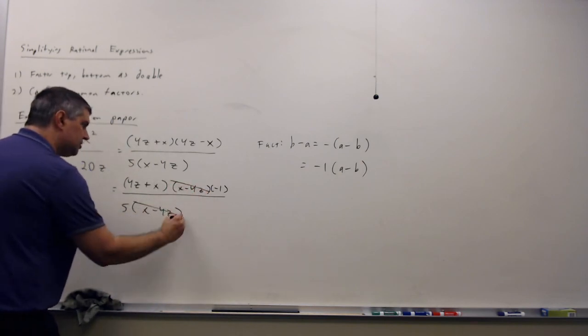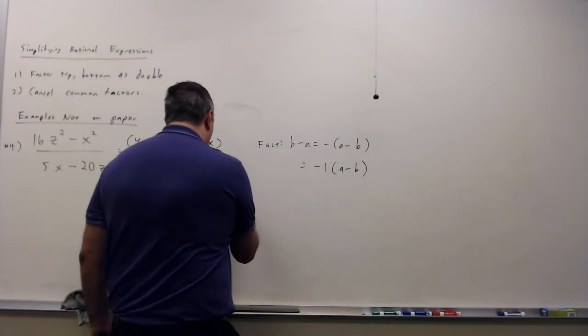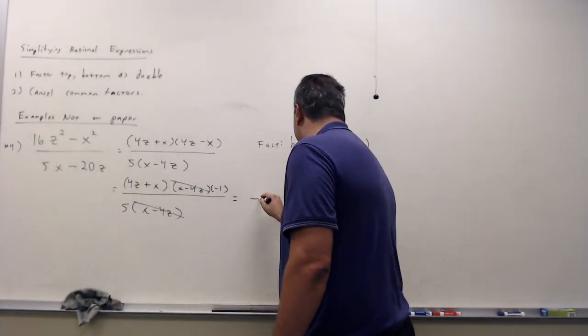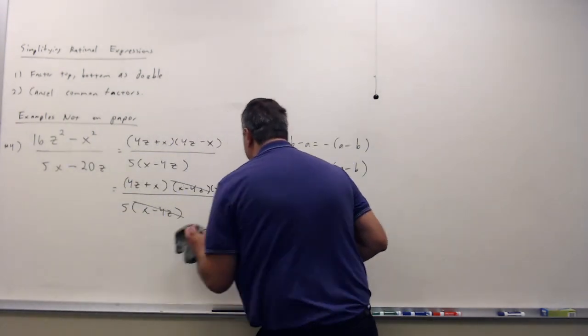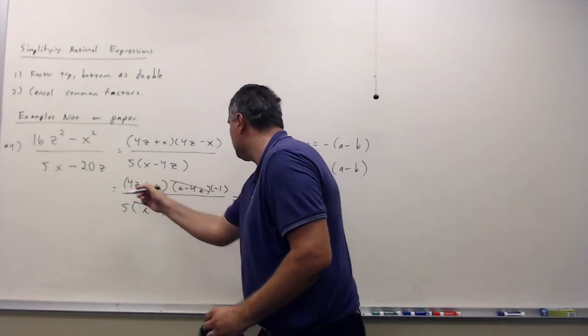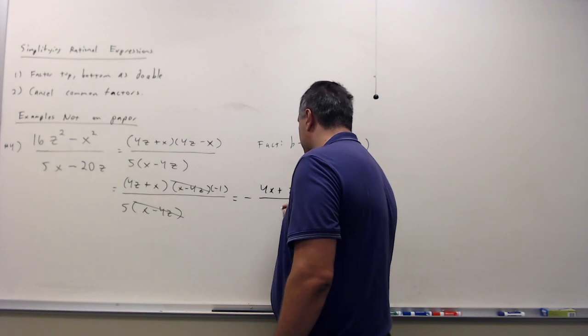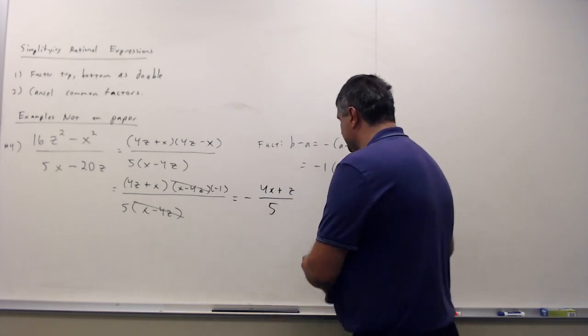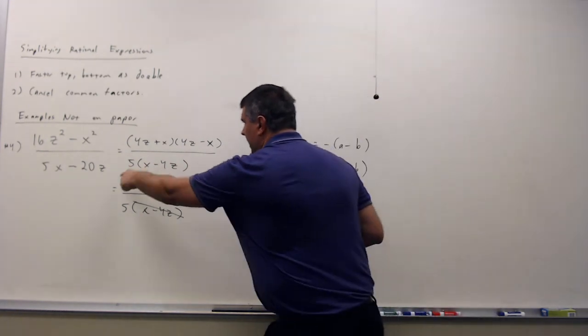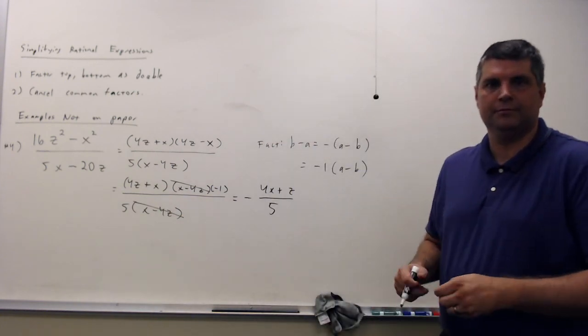Cancel, cancel, and that will give me, I'll go ahead and factor the negative out to the front. So that would be negative 4z plus x over 5. I simply move that negative to the front. All right.